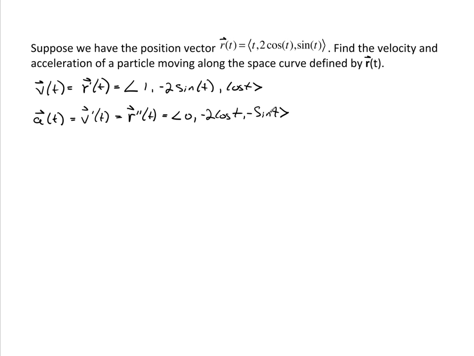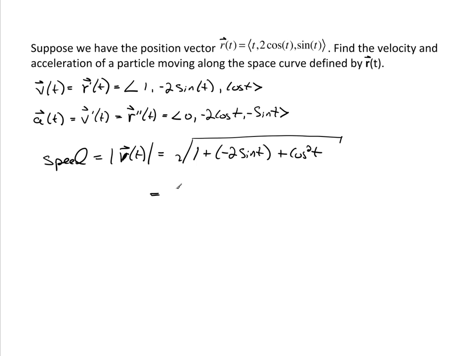Now, based on the velocity vector, I can now say speed. Remember, speed is simply the magnitude of the velocity. It doesn't have direction. That's the difference between velocity and speed, is that velocity is a vector. It has both magnitude and direction. Speed has magnitude only. So speed is actually equal to the magnitude of the velocity vector, which equals the square root of 1 squared, which is 1, plus negative 2 sine t squared plus cosine squared t.